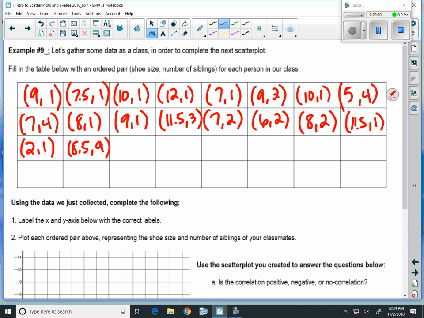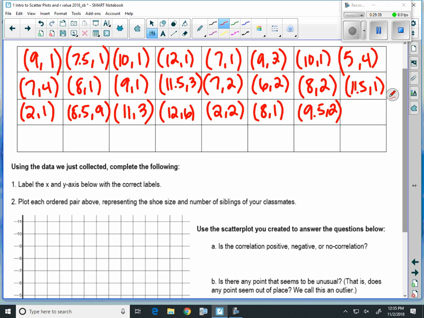Yep. 9 siblings. 11, 3. 12, 6. 25, 10. 8, 2. 2 and 2. 8, 1. All right, and our last one. 9 and a half and 2. I want to add one more.